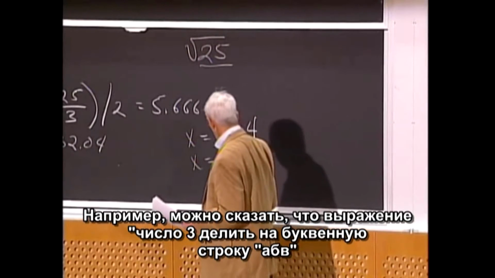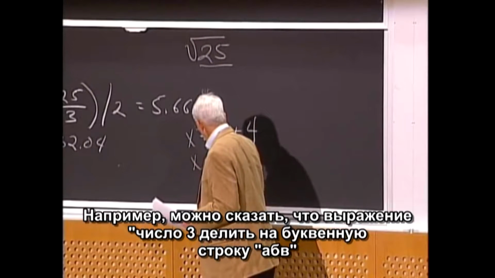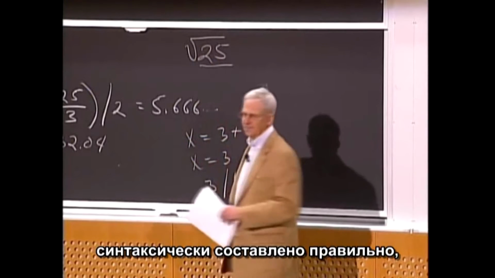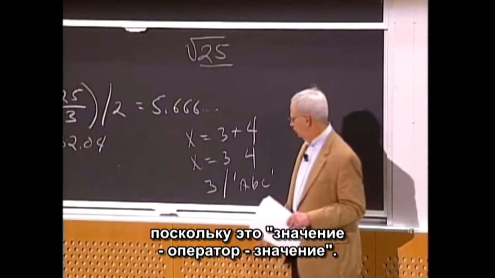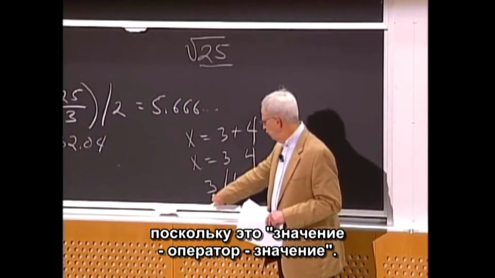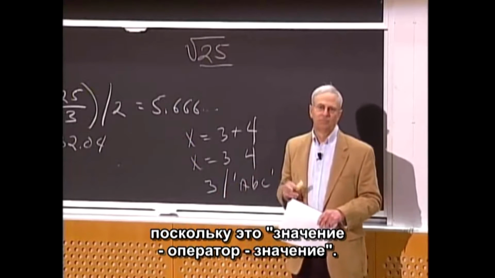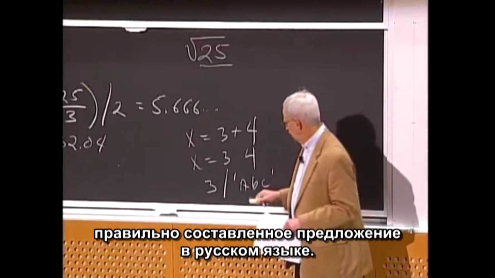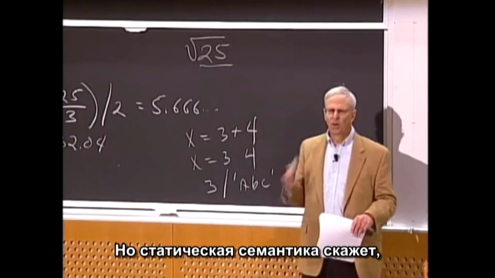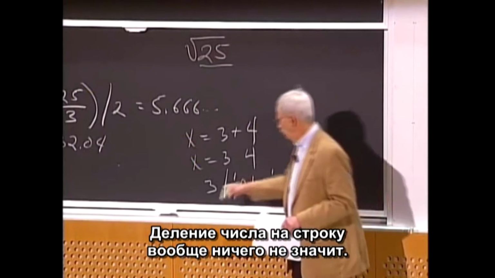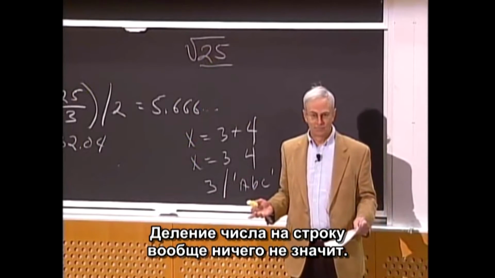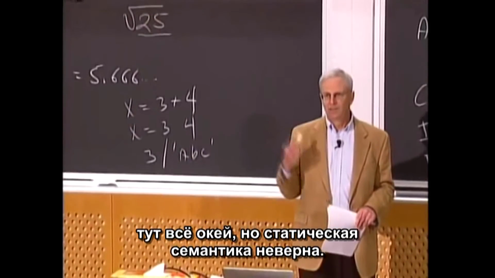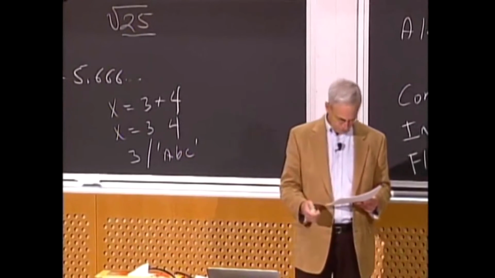So for example, it might tell us that the string 3 divided by the character string ABC is syntactically well-formed because it's value, operator, value, sort of like noun, verb, noun, which is syntactically well-formed in English, but it would tell us that there's no real meaning to this. Dividing a number by a string doesn't mean anything. And so you would get an error message saying the syntax is okay, but the static semantics is broken.